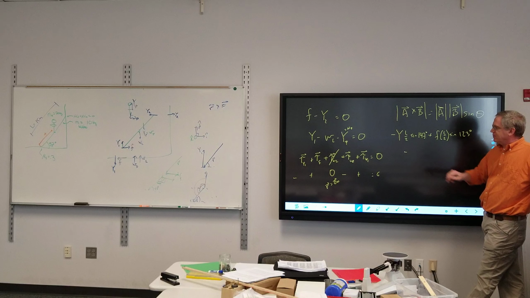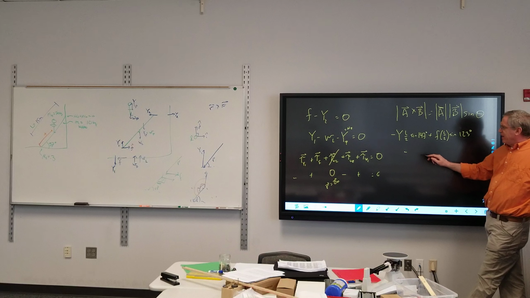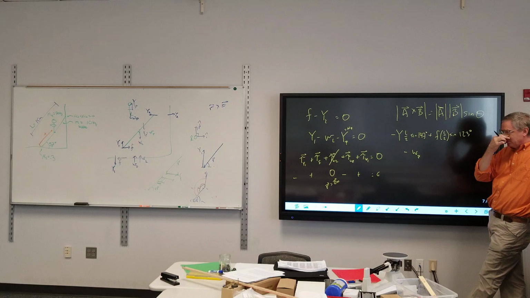All right. Minus the torque from the person. So it's the magnitude of the person, WP, times the distance. What is the distance between the person and the ladder and the midpoint? What's the length of my moment arm? What's the distance from the bottom point to where the person is?